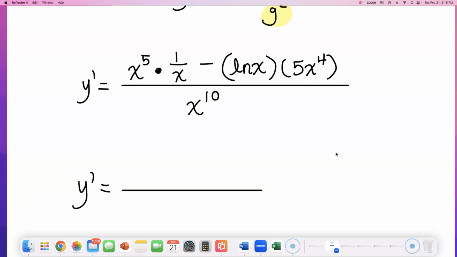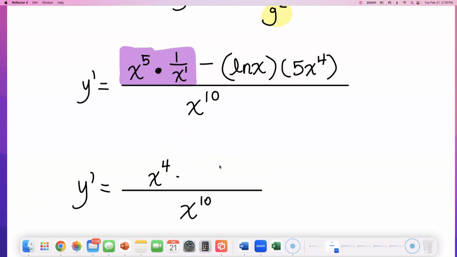All right, watch, y prime equals x to the 10th in the denominator, but if you multiply x to the 5th times 1 over x, you see we're going to end up doing 5 minus 1 for the exponent, right? So x will be raised to the what power? 4th power, because 5 minus 1 is 4.